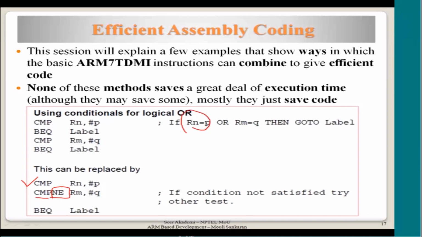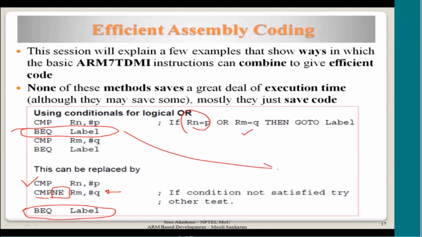If this is false, we want this to be executed. Isn't it doing that? So you may wonder what is the advantage. See, one branch instruction is avoided. It directly goes to this branch instruction. You may wonder, see, anyway in my case also this was not executed, right? The previous case also it went there directly.